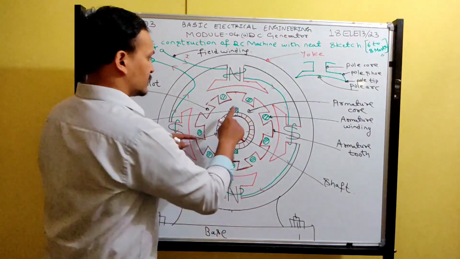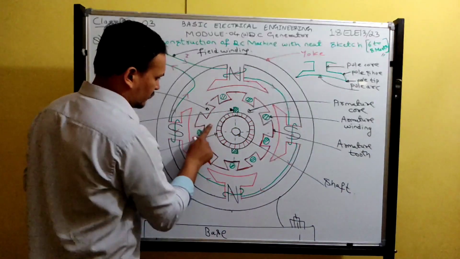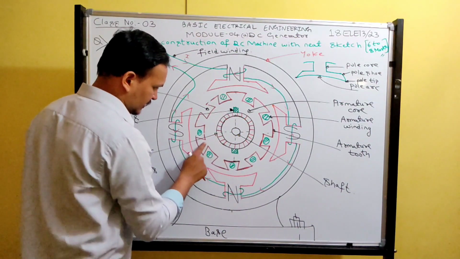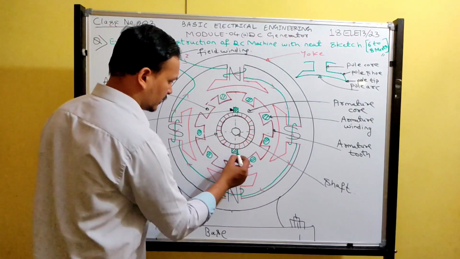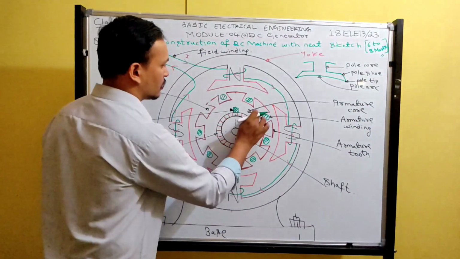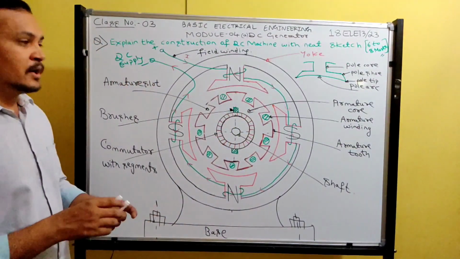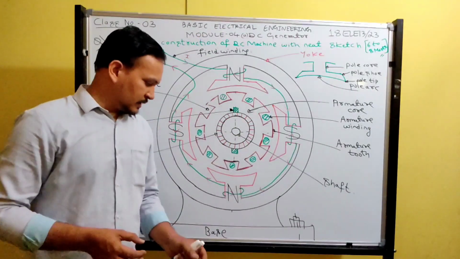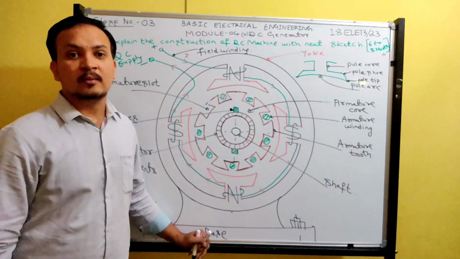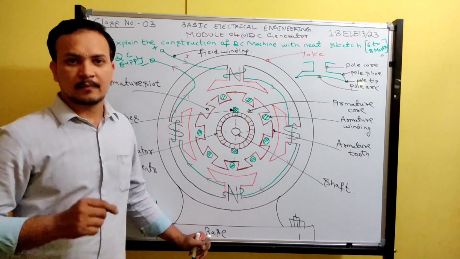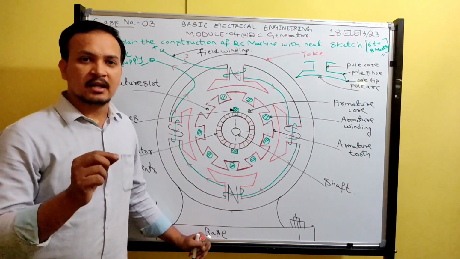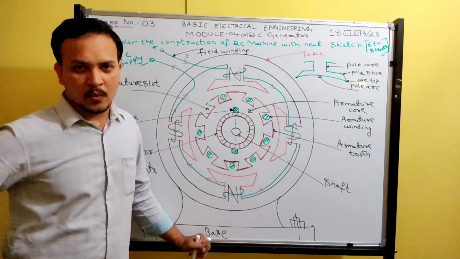Armature core. See, this entire part, even this empty space, everything is called the armature core. See, the armature core is nothing but a certain length of conducting material wound for desired shape and size in order to satisfy electrical and mechanical requirements.